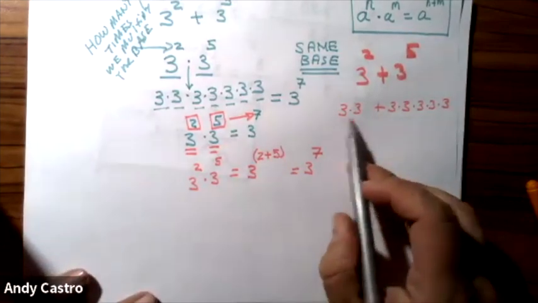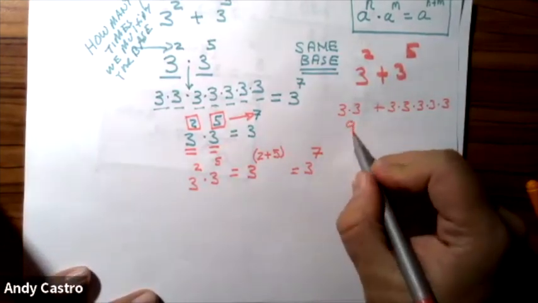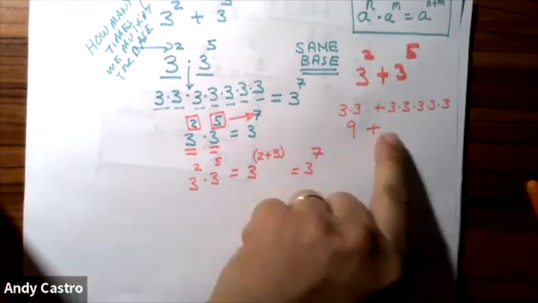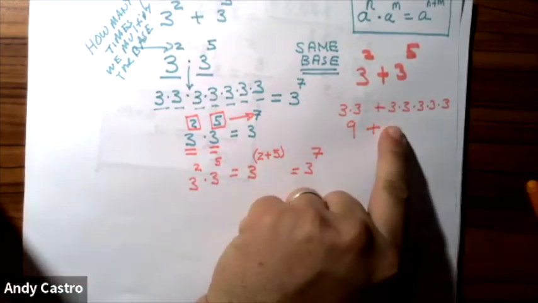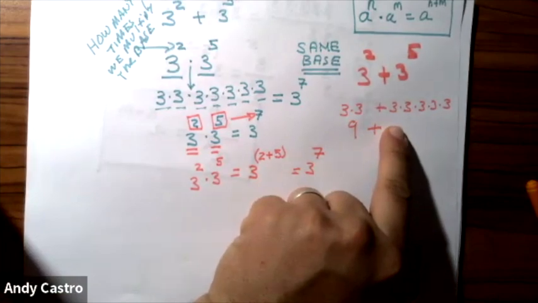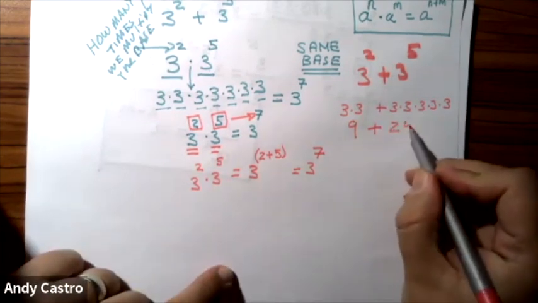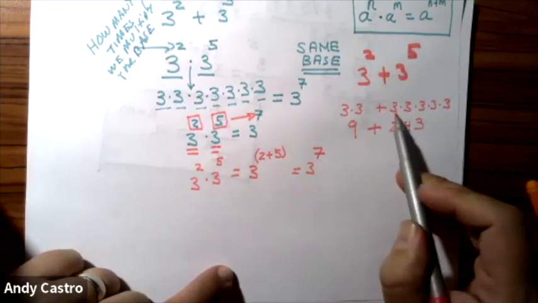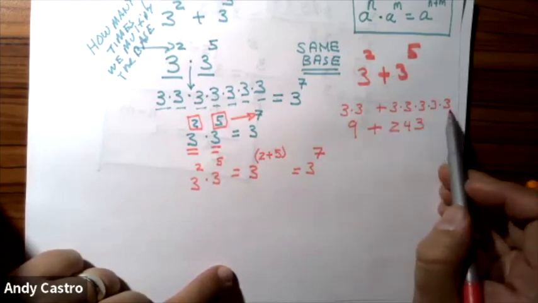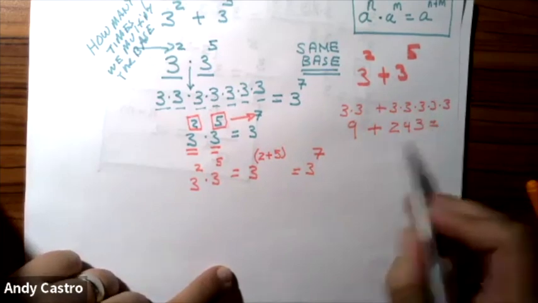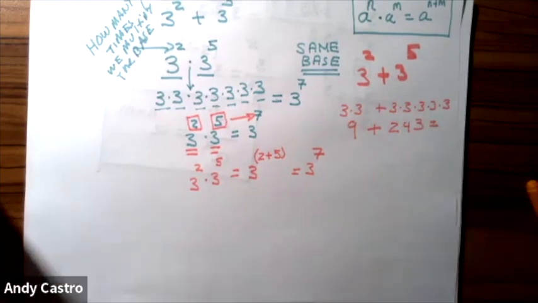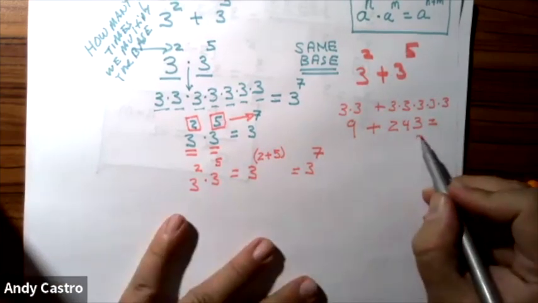So this right here would be 9. And 3 to the fifth power, let me plug that into my calculator. That's 243. And if I add 243 to 9, I get 252.